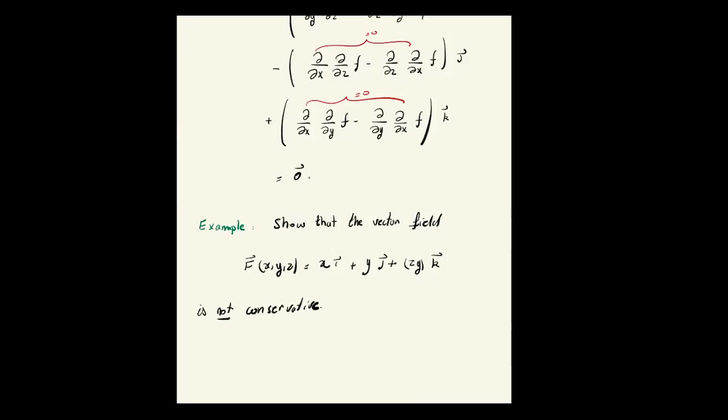So, remember what conservative means. Conservative means that it comes from the gradient of a function.